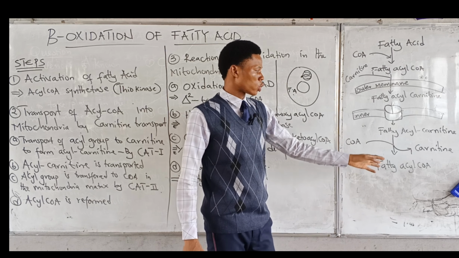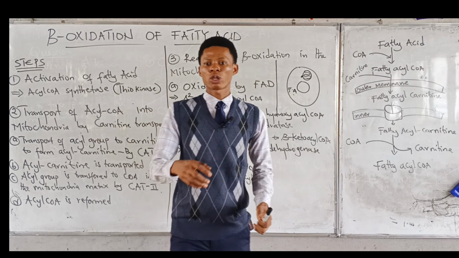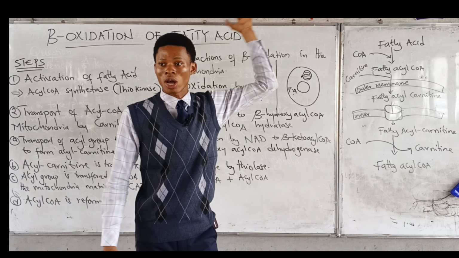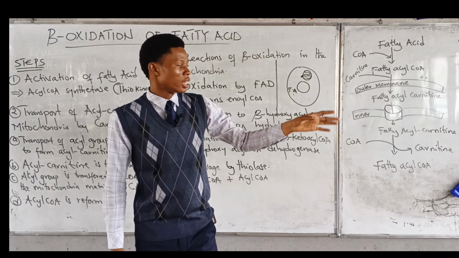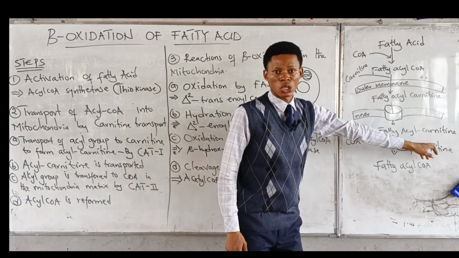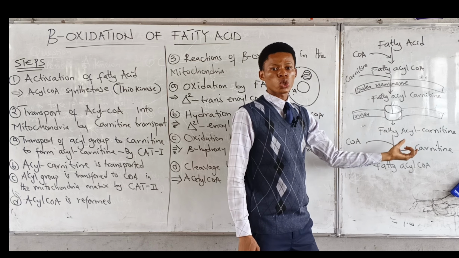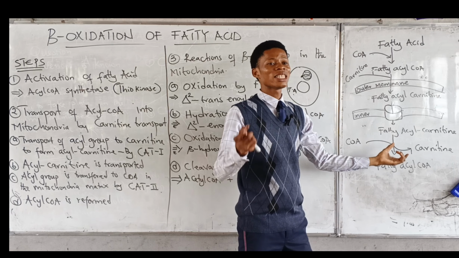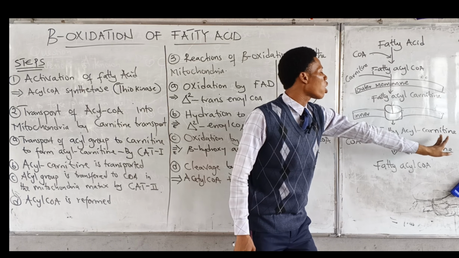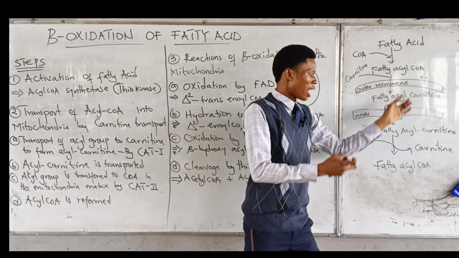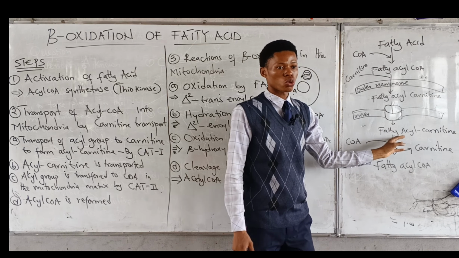Now back in the mitochondria. Remember the transporter: if you are entering a shuttle and they drop you in Delta Park, the shuttle will return to Abuja to carry some persons, right? Now the shuttle here is carnitine, is it not? As carnitine carries the fatty acid group into the mitochondria, the next thing is carnitine will return to go and carry more, and coenzyme A will attach to the fatty acid group.